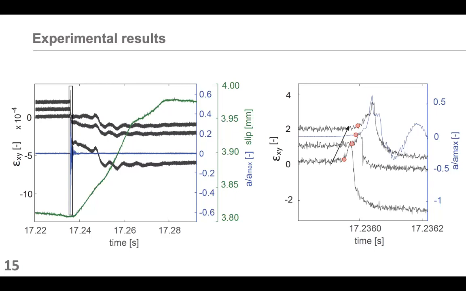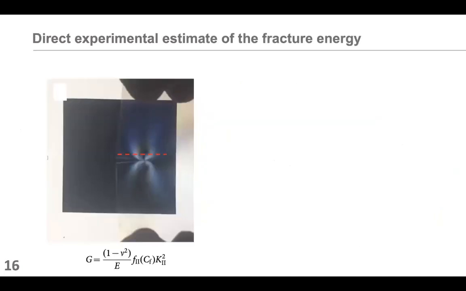So why do we need this estimate of the rupture speed? Because what we are also able to record during the dynamic events is the stress intensity factor that propagates at the rupture tip.